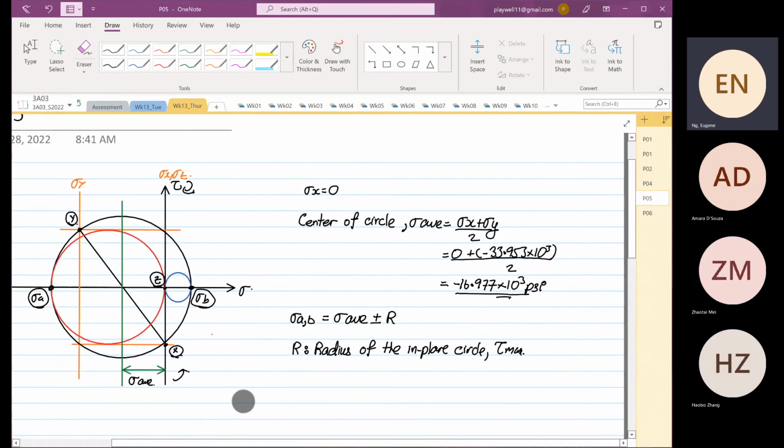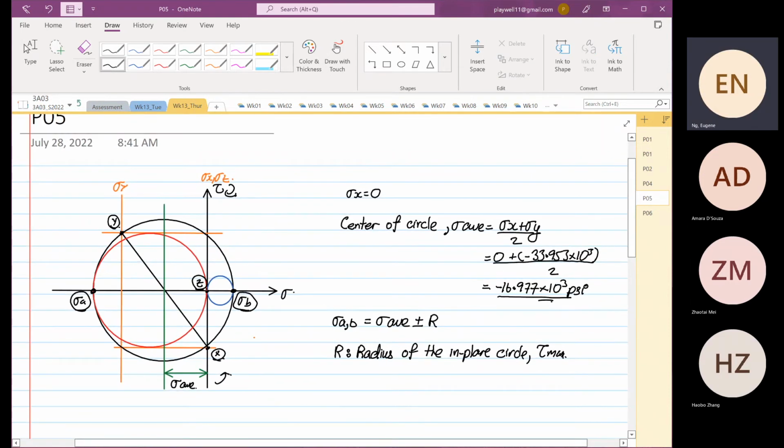So now we have to find this distance or this value. This is our R, also known as our tau max.